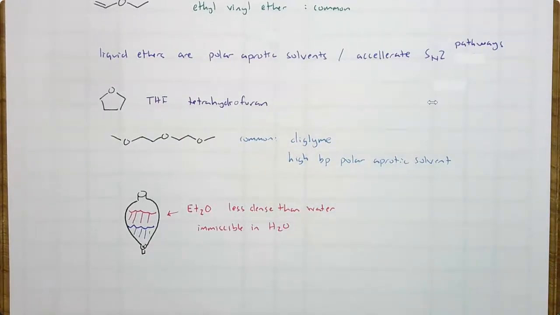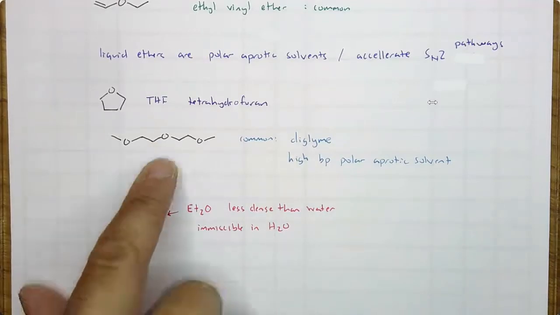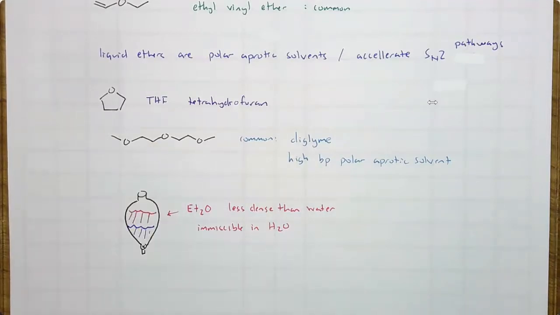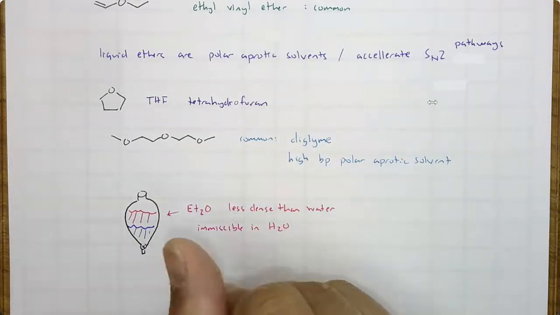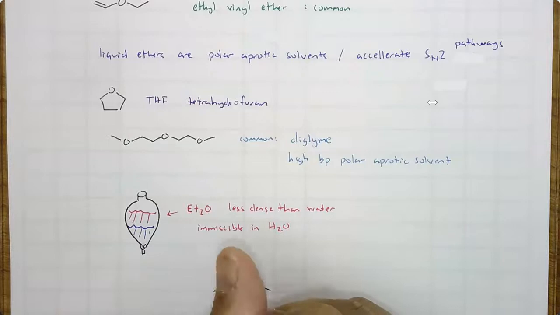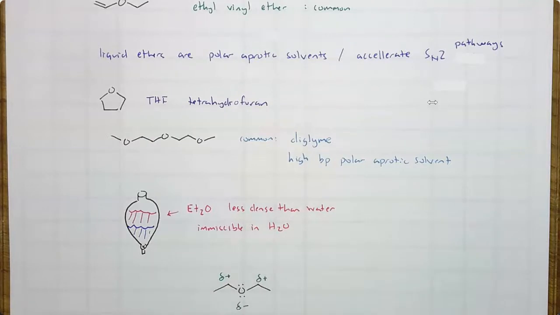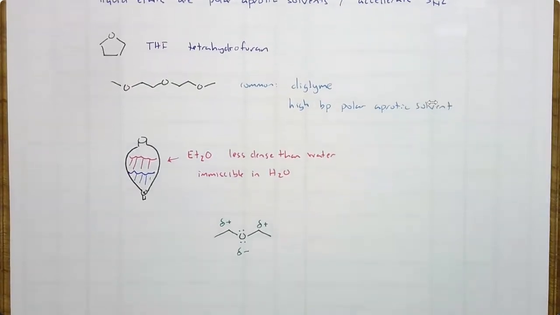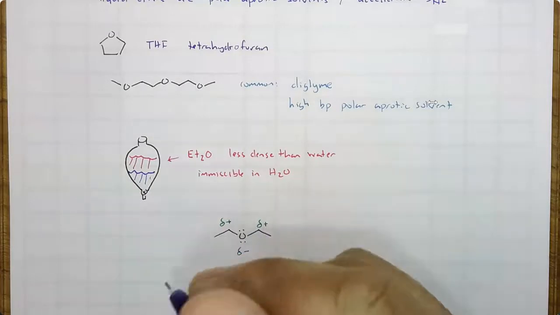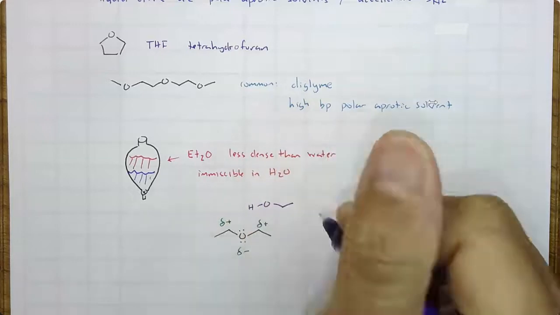It can do hydrogen bonding, right? But again, with these ethers, the hydrogen is not covalently bonded to the oxygen. So these are hydrogen bond acceptors. For instance, if I have this ether right here, we all know that this oxygen is partial negative, rendering the neighboring carbons partial positive. But if you wanted to participate in hydrogen bonding, we need a hydrogen bond donor. Let me use ethanol like this.